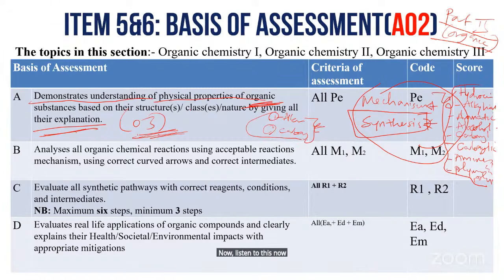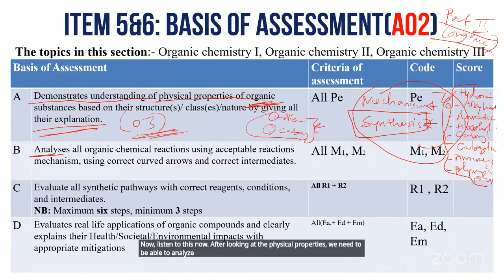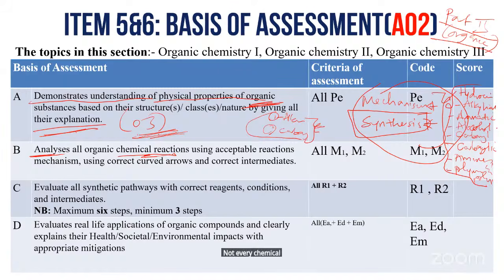After looking at the physical properties, we need to be able to analyze organic chemical equations. But of course, the chemical equations which have been mentioned in the scenario, not every chemical reaction.